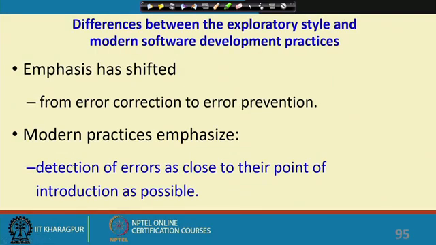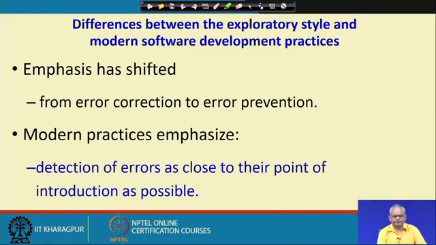One major difference between the way programs were written in the 1950s and 60s and now is that the emphasis has shifted from error correction to error prevention. The earlier technique, the exploratory style, was to first write the program, complete it somehow, and then start correcting the errors.